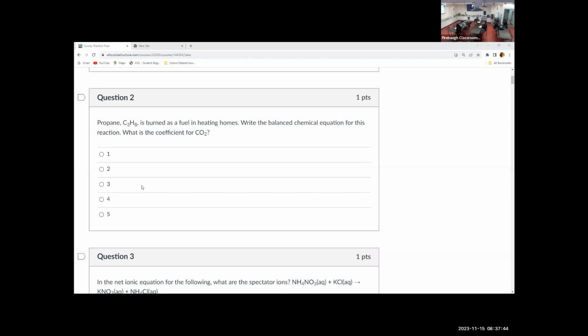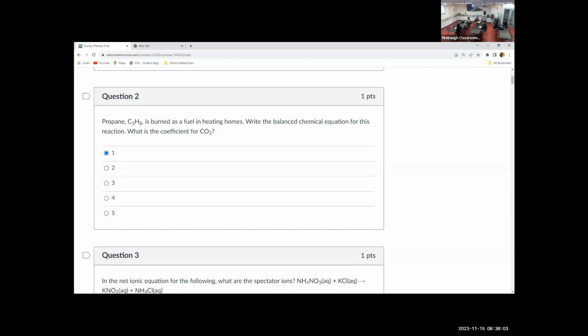I can just look at this. So we know, what are my reactants? It's not carbon and hydrogen. Propane.